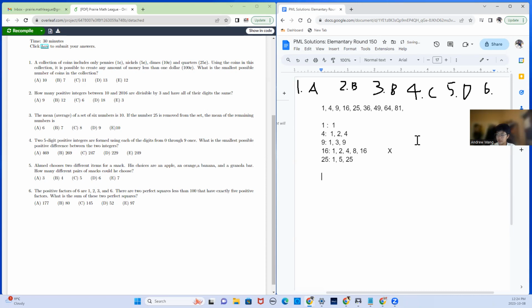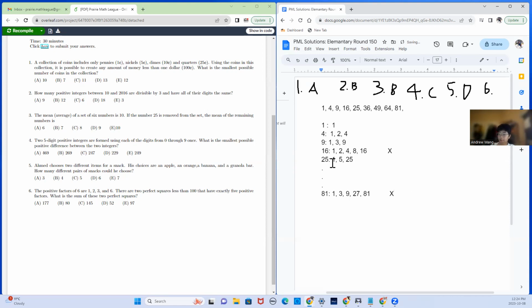Once you get to 81, you'll find the factors are 1, 3, 9, 27, and 81. That's another 5 factors.